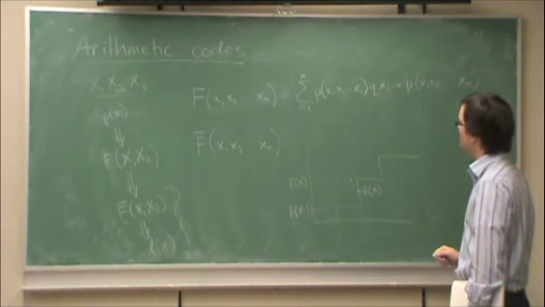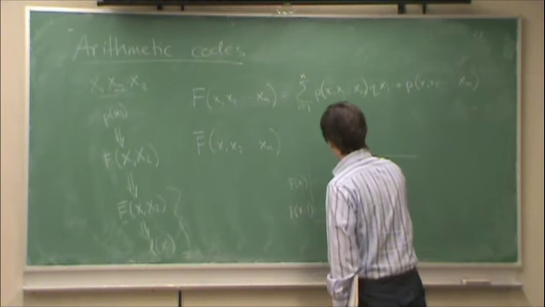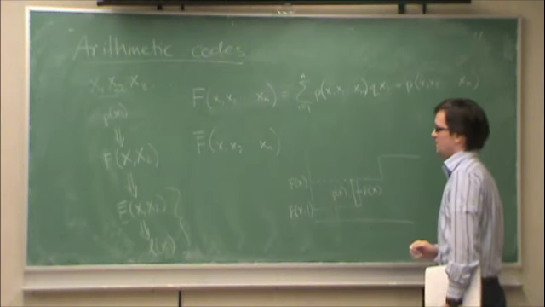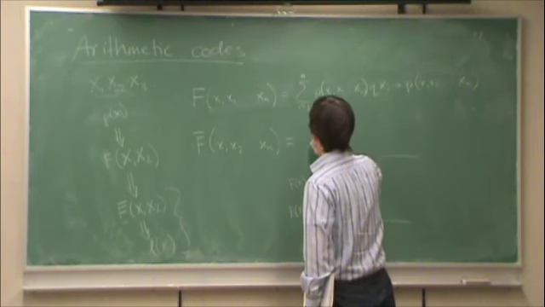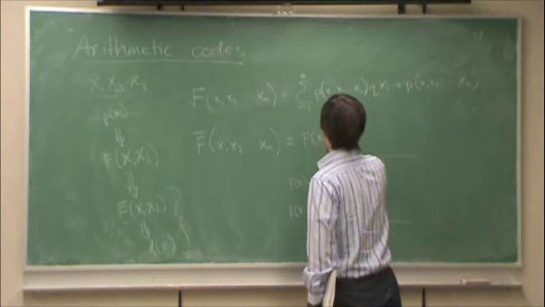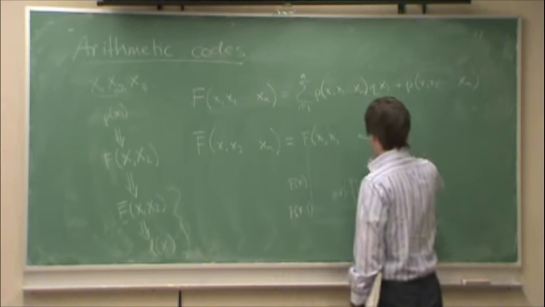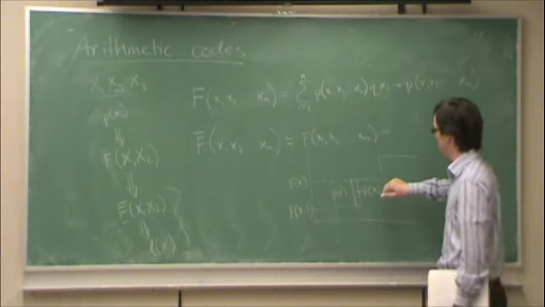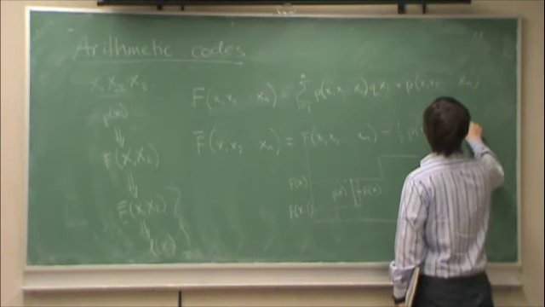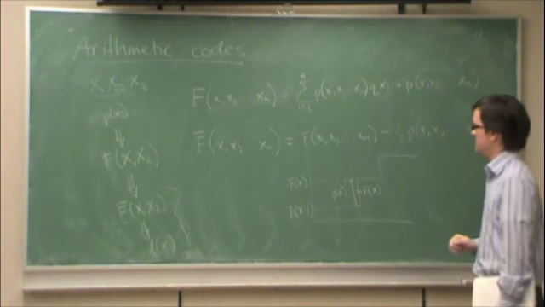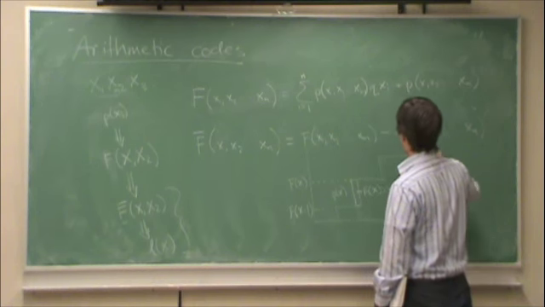So what we can say, this interval here is p of x. So we can say that F bar is F of x1, x2, and so on up to xn, minus half the distance between these two, which is 1/2 p of x1, x2, and so on up to xn. And then I can explicitly write that down using this formula.